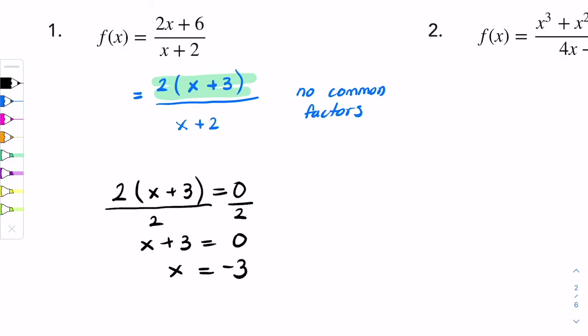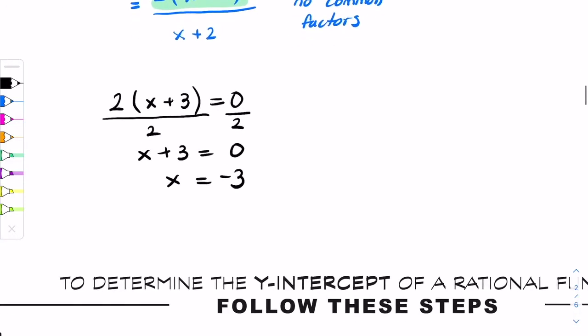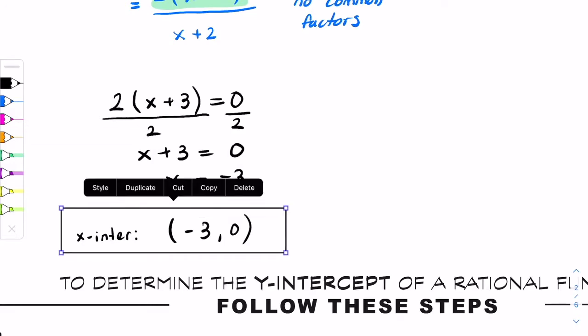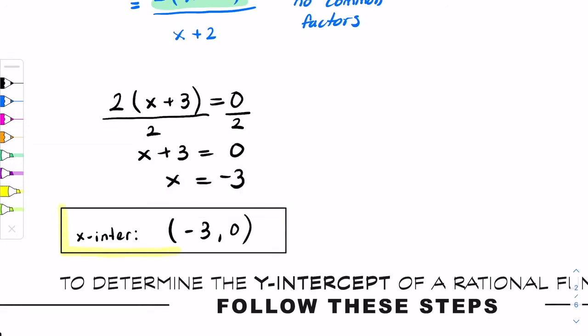So we get x equals negative 3. As an x-intercept, we would write this as negative 3, comma, 0. You can have multiple x-intercepts.